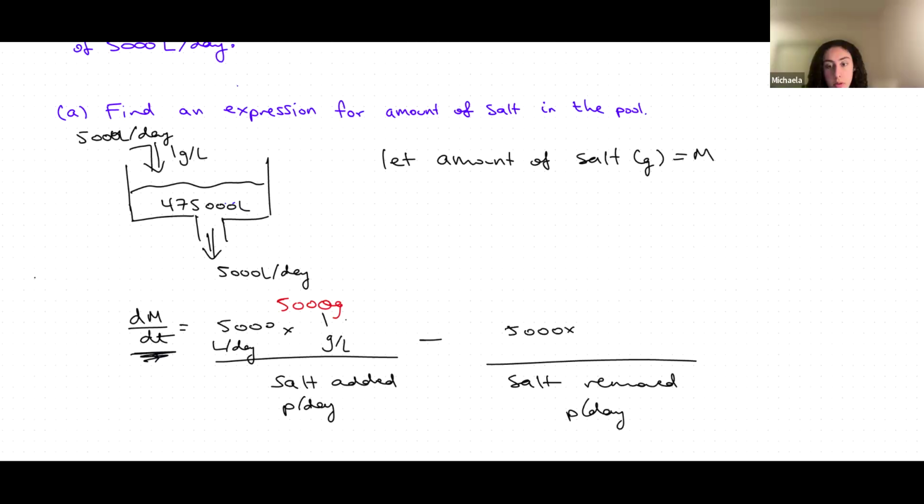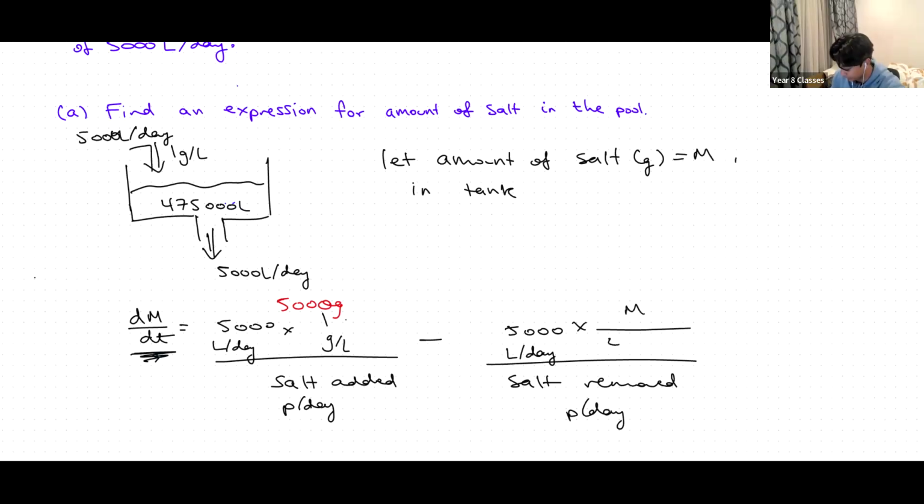How much salt per liter, our concentration. So 475,000 divided by m. Close, really close, the other way around. It's the total grams of salt divided by your total liters that gives you the concentration.